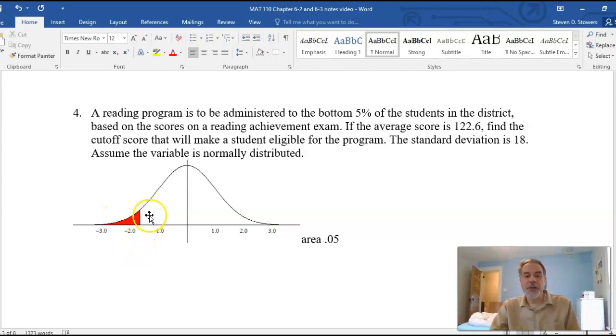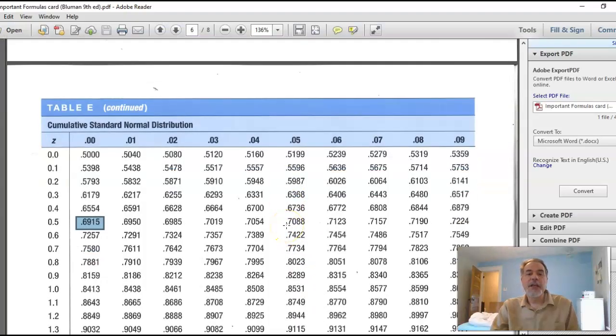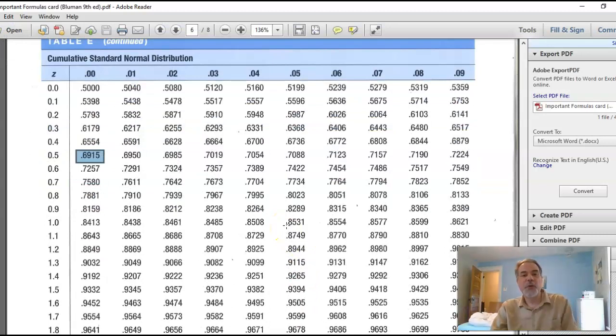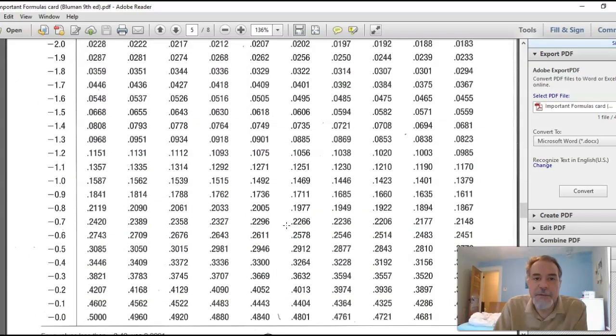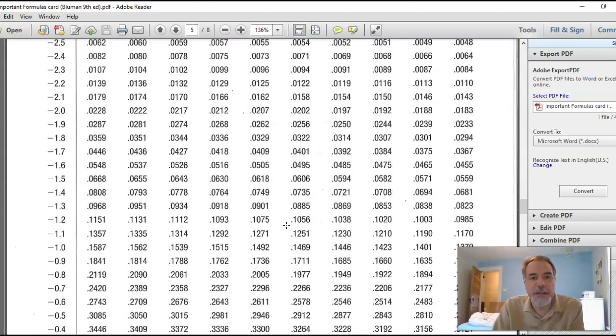So now I turn to table E, and I look in the middle of the table, those 4-digit numbers where the areas are. And I try to find the closest thing I can find to 5%, 0.05. Well, here I see 0.05 something.